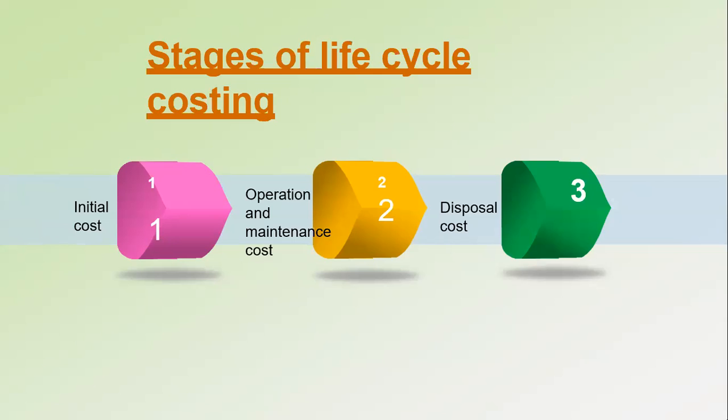So the initial cost may be 2 crore, no problem. But when actual operation starts and actual maintenance starts, whatever we estimated initially, that cost may vary a little bit.